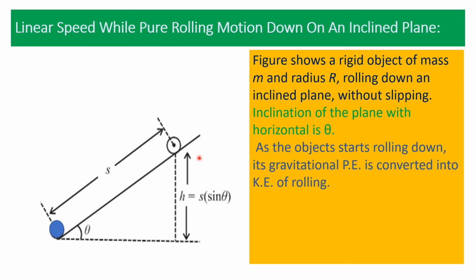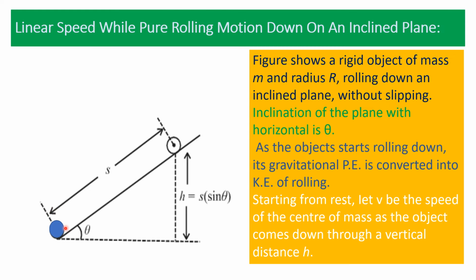As the object starts rolling down, its gravitational potential energy is converted into the kinetic energy of the rolling object. Starting from rest, let v be the speed of the center of mass of the object as the object comes down through the vertical distance h, which is equal to s into sine theta.